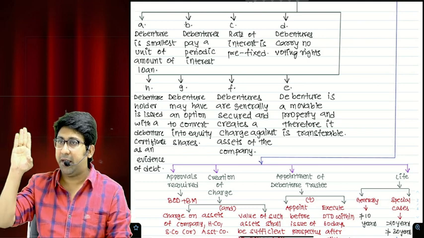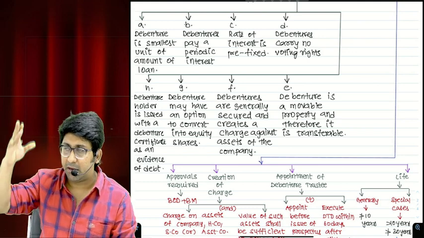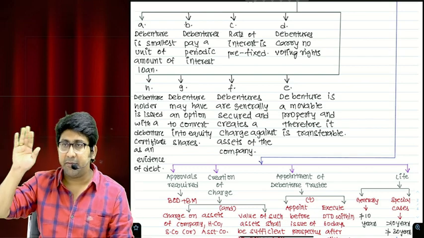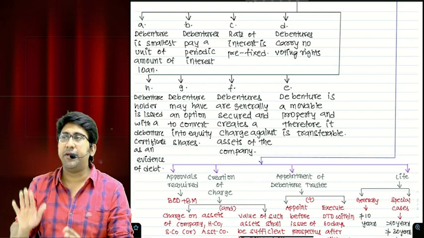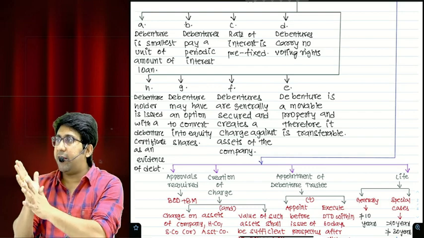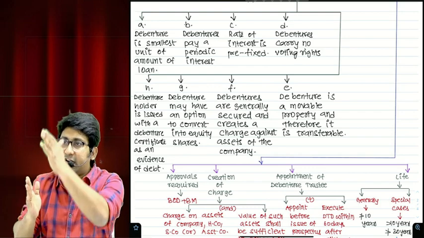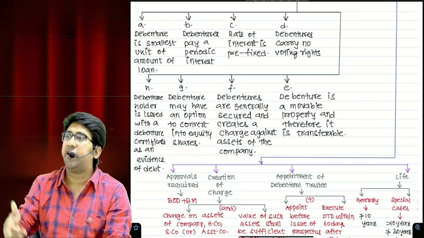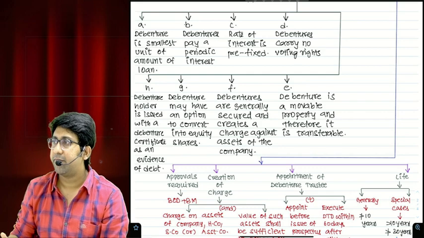Previously it was physical, now it is also in electronic demat form. Debenture certificates will be issued, and they will show your name, how many debentures, at what interest rate, all 10 or 12 details. It is evidential proof that you have given debt to the company.